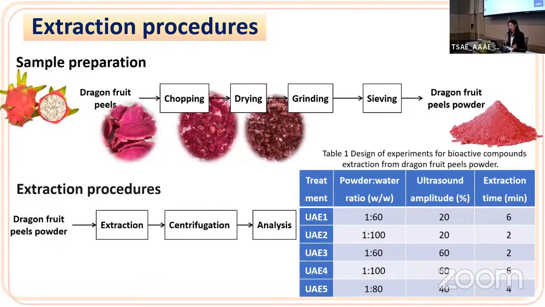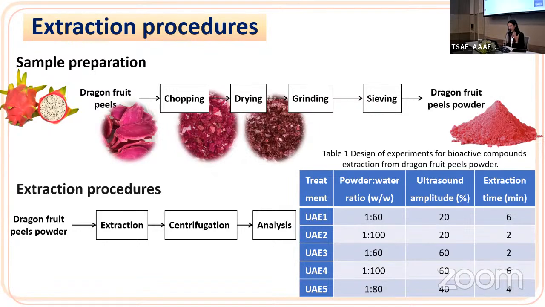And for the extractions, as I mentioned earlier, we began with the dragon fruit peel, and then we chopped it, dried at 40 degrees C until constant weight, which is about 24 hours, with a final moisture content of about 8%, and then grinding and sieving through a 500 micrometer sieve, and then we get dragon fruit peel powder, and we store it in the dark in the desiccator.